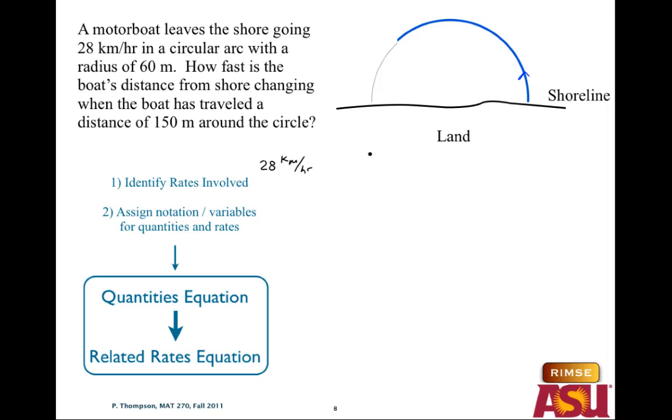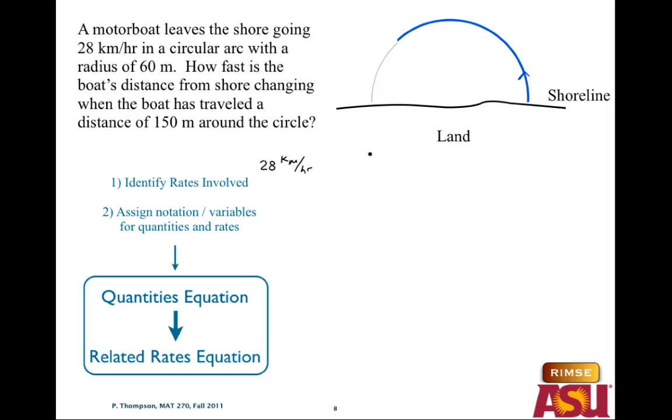Yeah, it's the speed of the boat. So anytime you have a speed of something, it's a rate of change of what quantity? Distance. So we want to figure out exactly what distance we're talking about there.